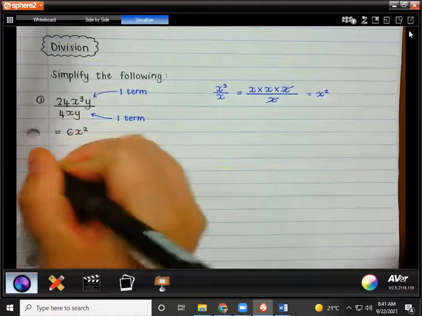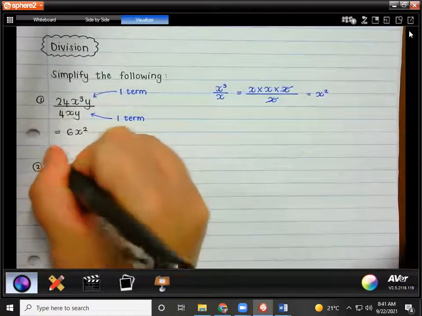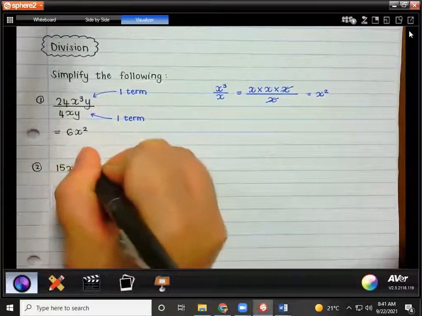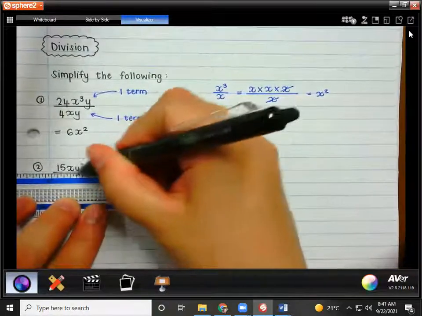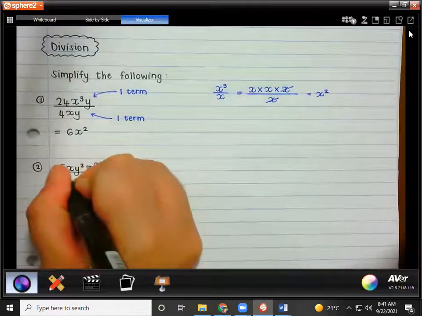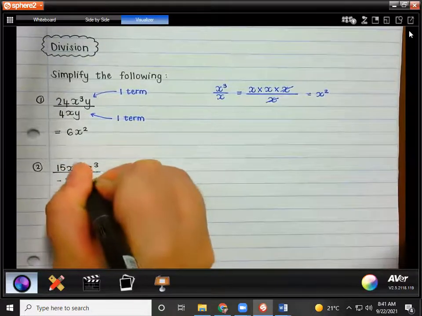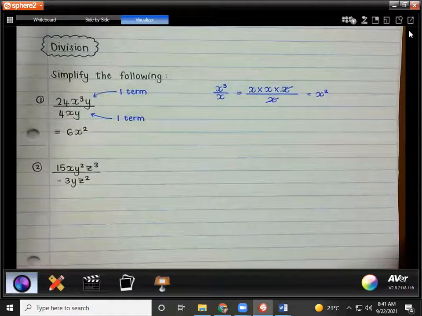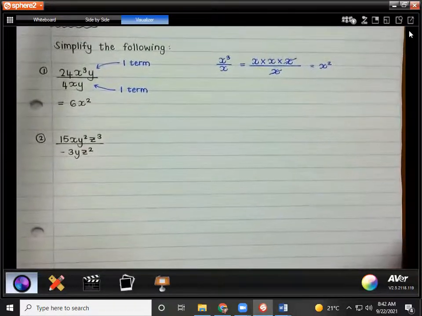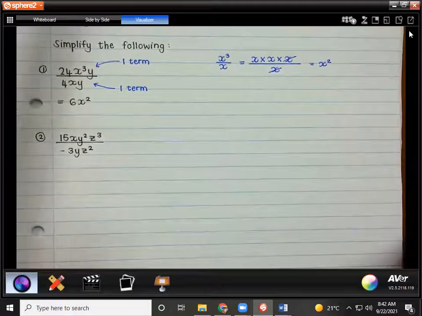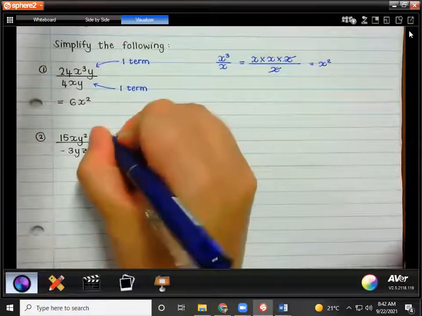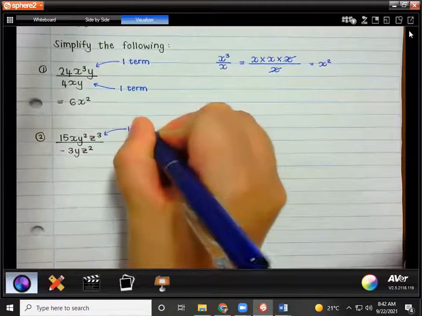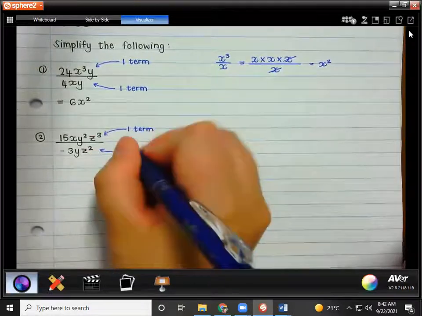Number 2. Again, we have one term at the top and one term at the bottom.